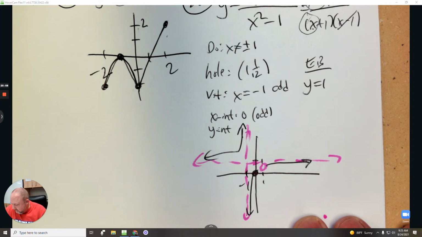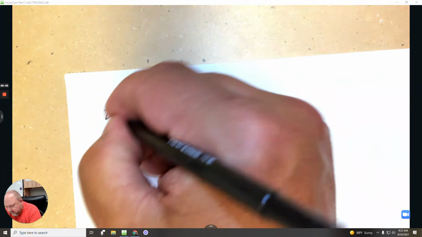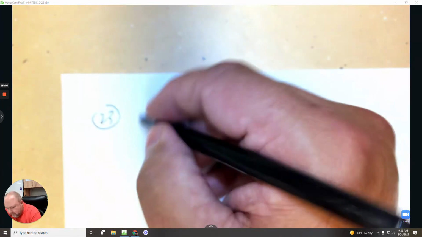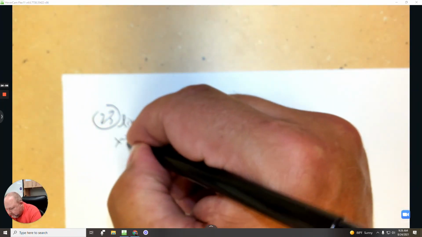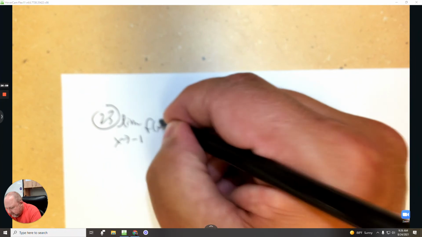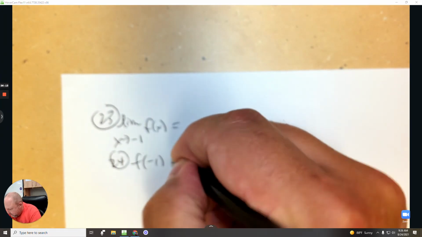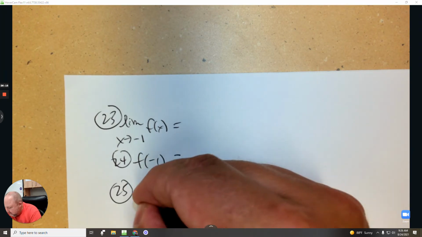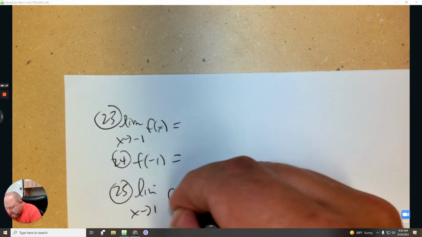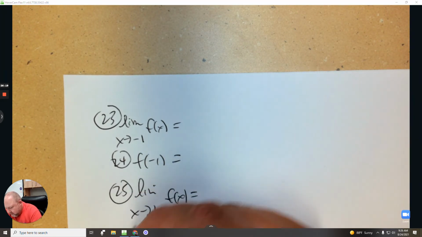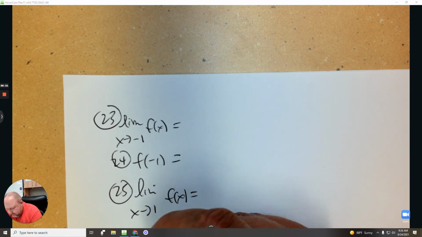On to 23. All right, these are quick questions looking off a graph, so I'm going to write them down and then quickly answer them. So the limit as x approaches -1 of f of x. The function value at -1. The limit as x approaches 1 of f of x. I'm just writing them all down. And then I'll come back and answer them.